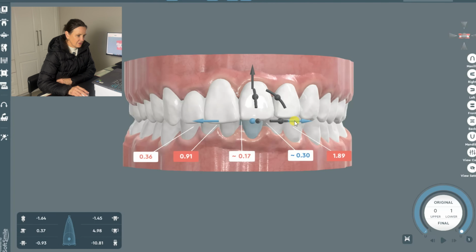Let's just, for aesthetic reasons, keep the midlines lined up.